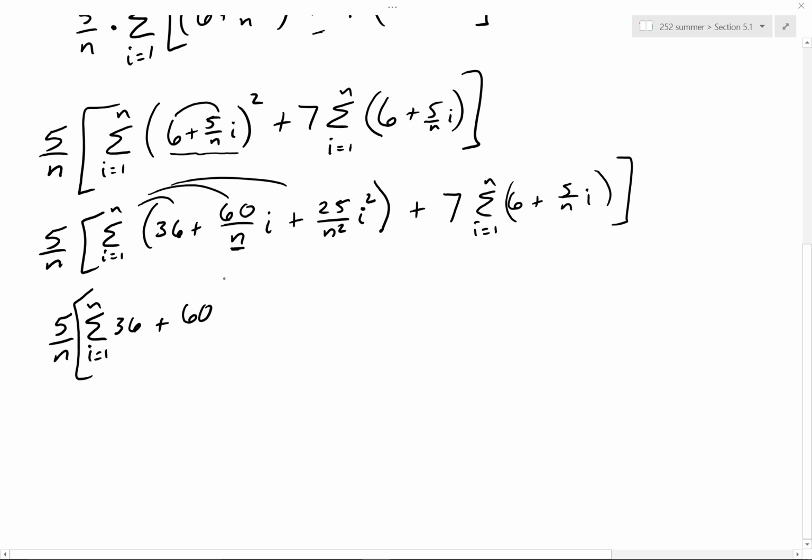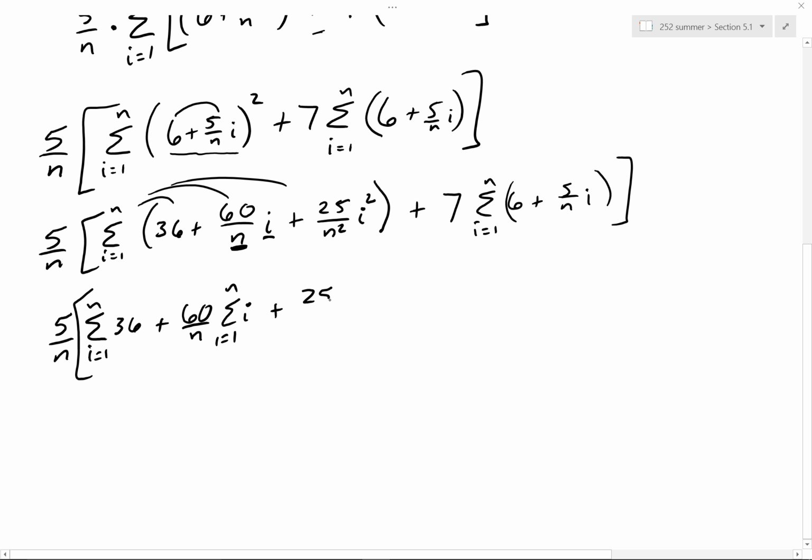Does that make sense? So my function only deals with i's. So in relationship to i, n is a constant. So I'm going to pull that 60 over n out as well. Make sense? I hope it makes sense.